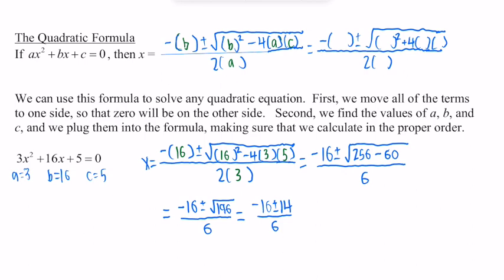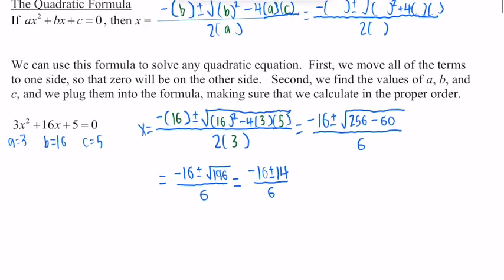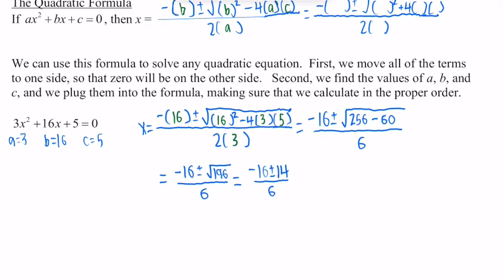And especially because these are like terms that we need to combine, we need to work out both of those. So we need to work out negative 16 plus 14 over 6 and negative 16 minus 14 over 6.